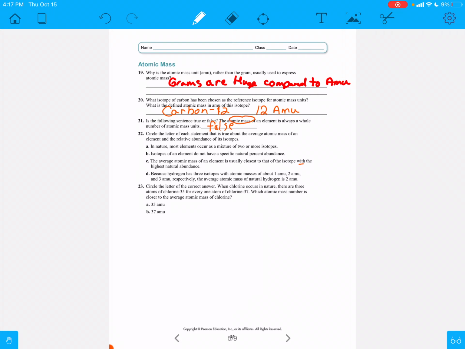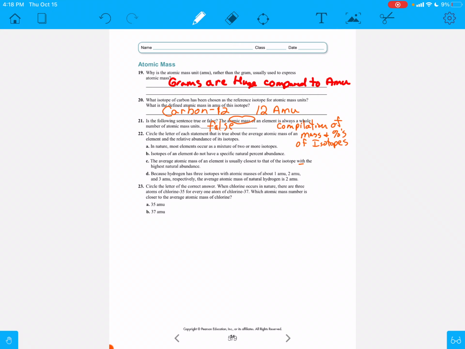Atomic mass is actually a compilation of all the masses and percent abundance of all isotopes. That's not going to be a whole number; it's going to be percents and decimals. In fact, we're going to calculate one of those in just a minute. So the answer is absolutely false.